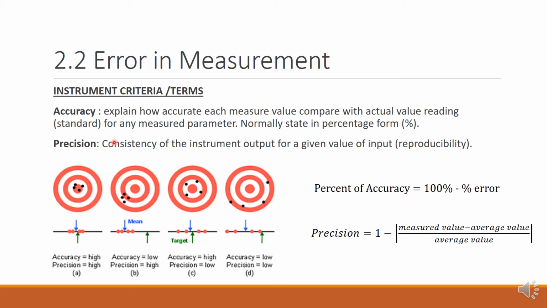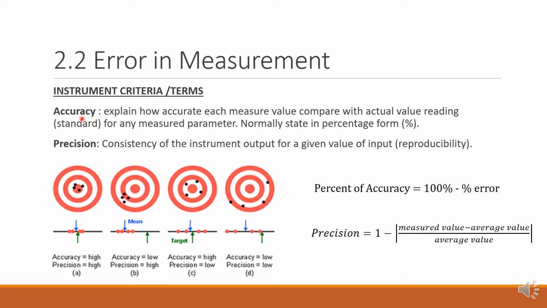So what is error in measurement? We have understood how the process of measurement takes place. Let us now see how the error comes out of our process of measurement. Performance characteristics are the characteristics that show the performance of an instrument.